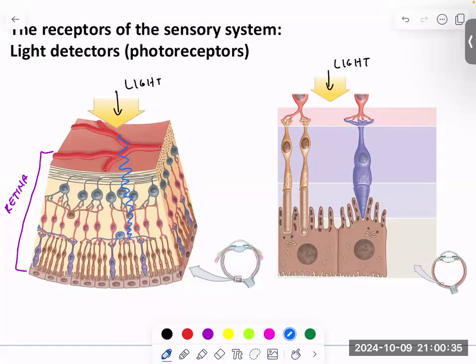Light has to travel through that before it finally gets to the photoreceptors. The photoreceptors are back here. I remember when I read about this, I was like, how the heck does the light make it through everything and still get to the photoreceptors? Photoreceptors are pretty gosh darn sensitive. They're really good at doing their job.